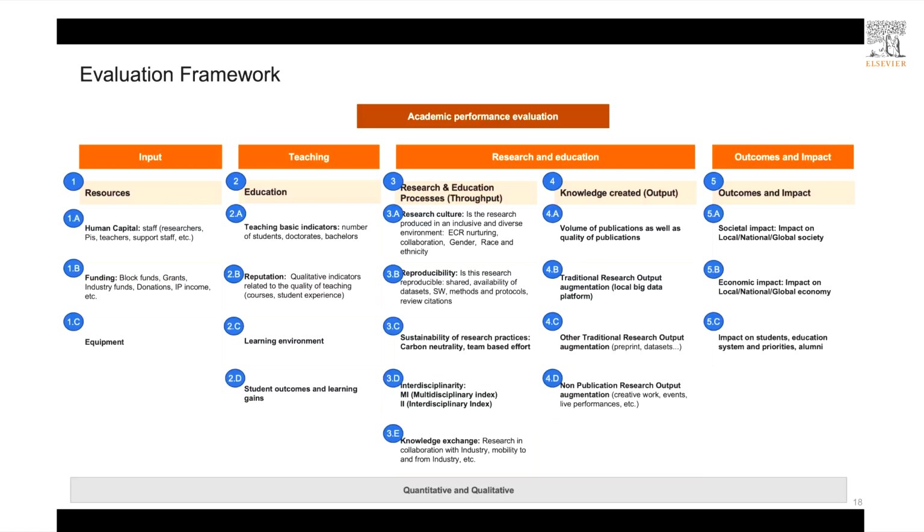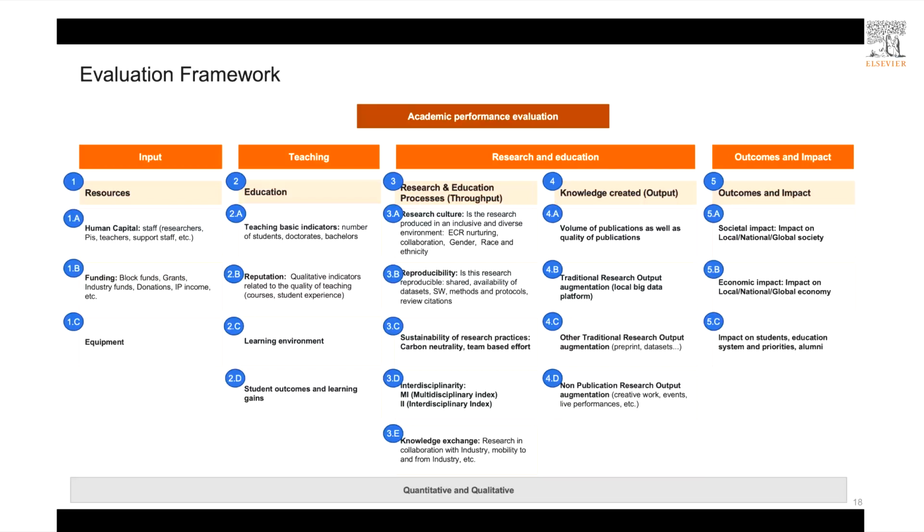It's the people, the funding, the equipment and facilities that are used. The next pillar adjacent to it is teaching. In education, there are teaching and learning indicators, and we can think about new ways to carry out the educational mission.